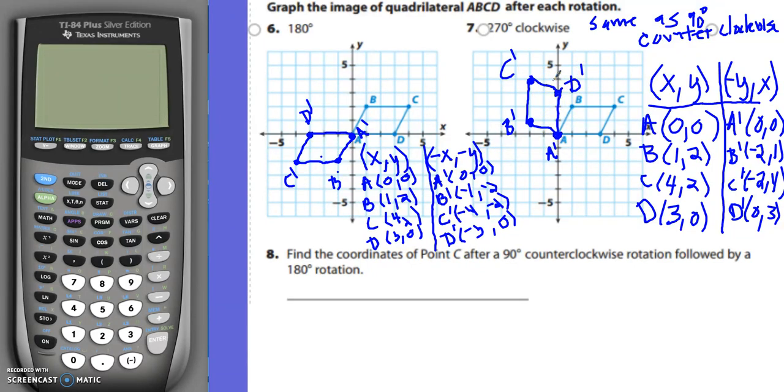All right, find the coordinates of point C after a 90 degrees counterclockwise.